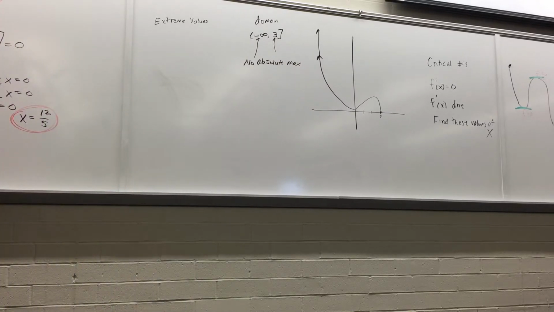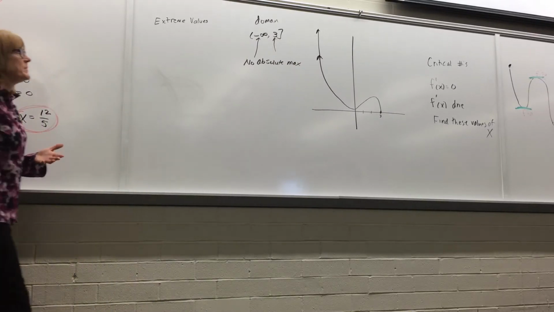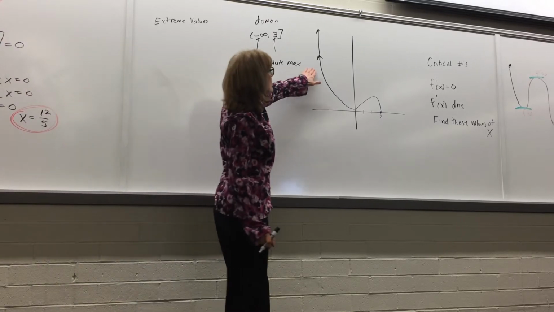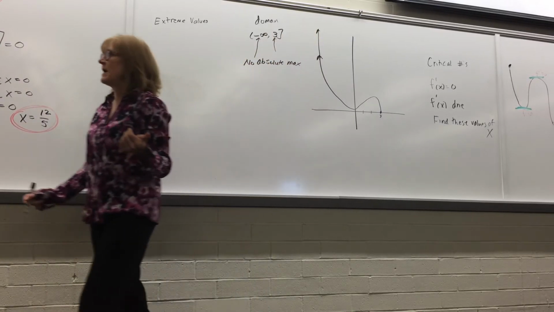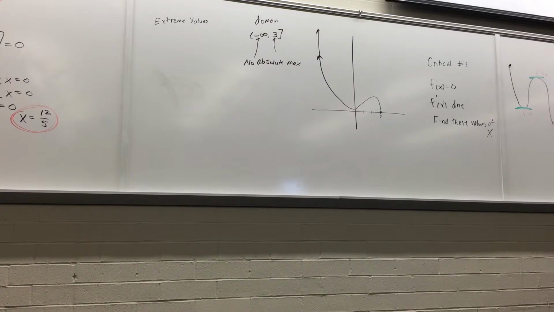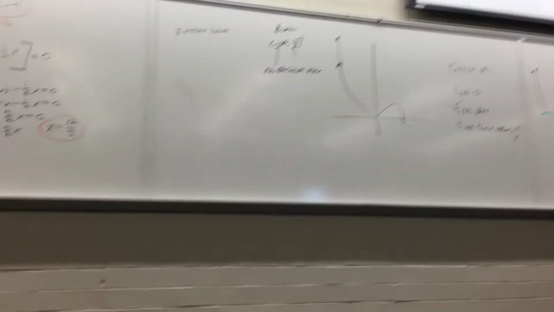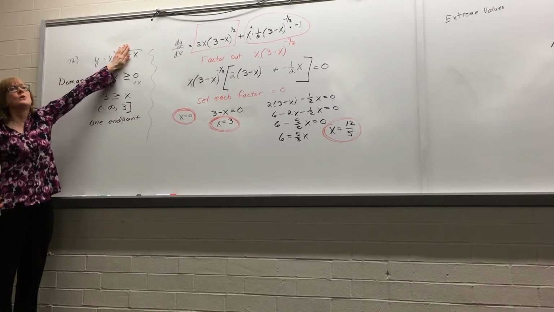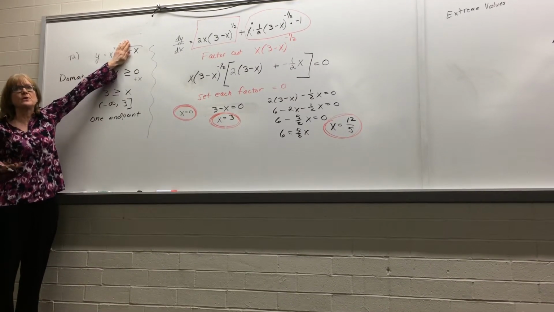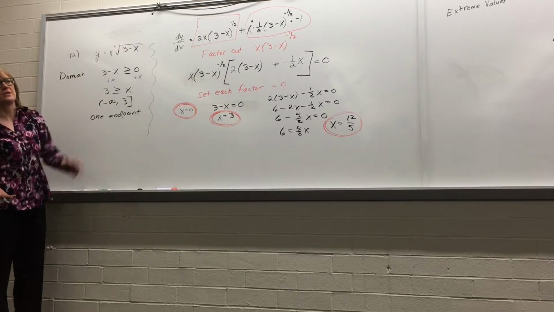We probably could have predicted that from the original function. If you ignore the square root, we know that y equals x squared is going to grow forever.